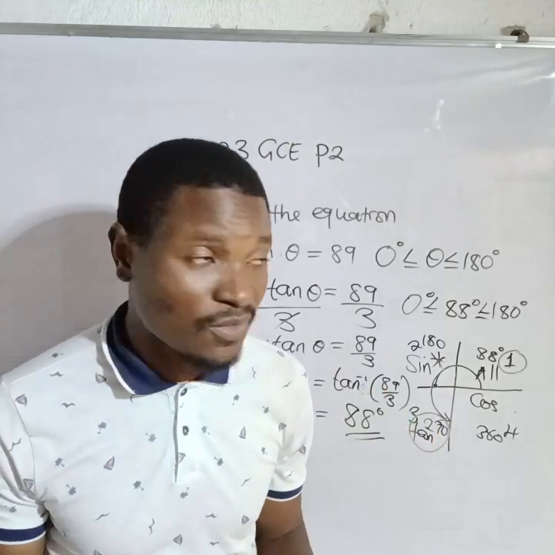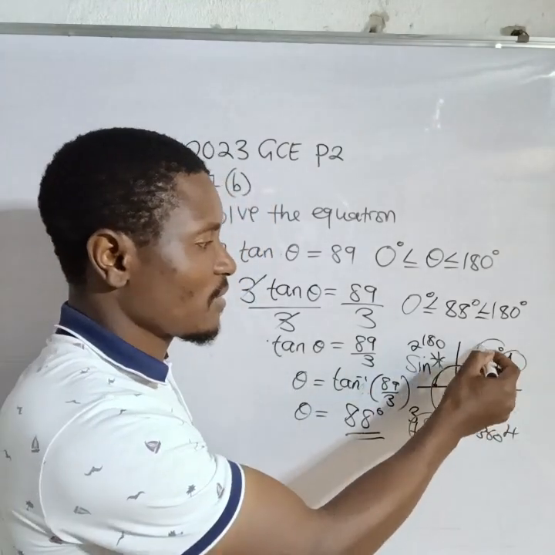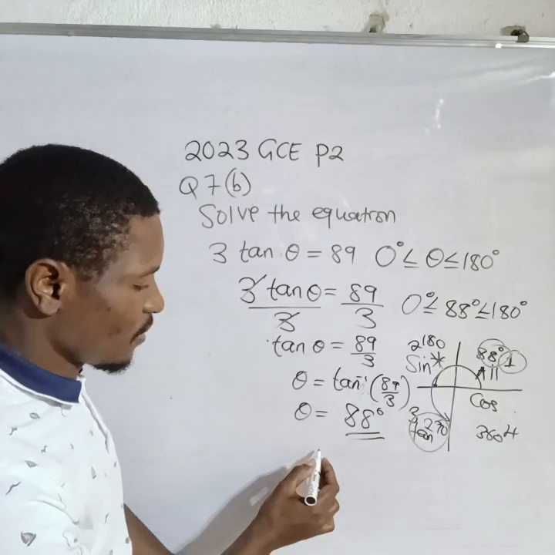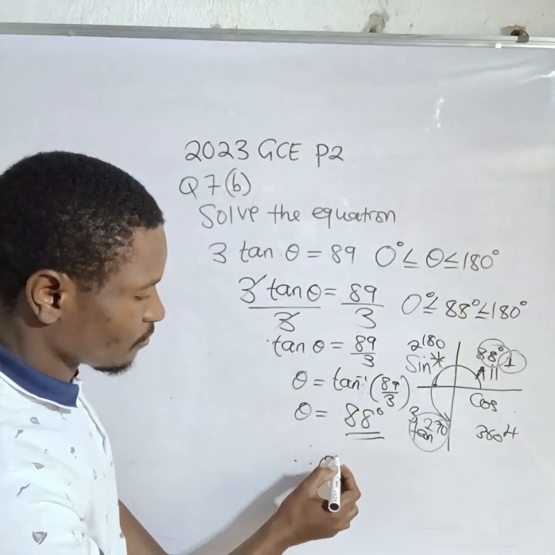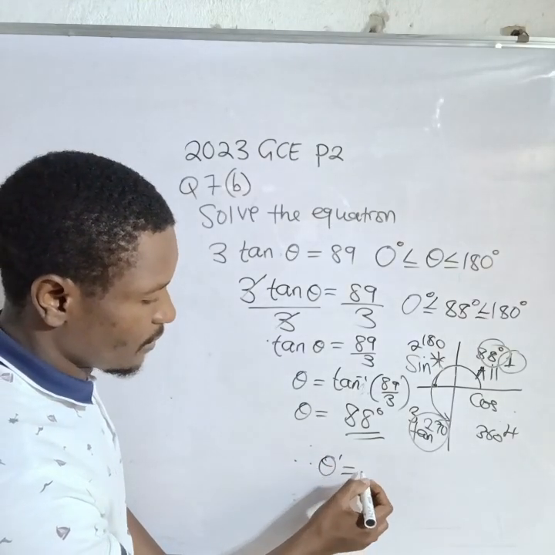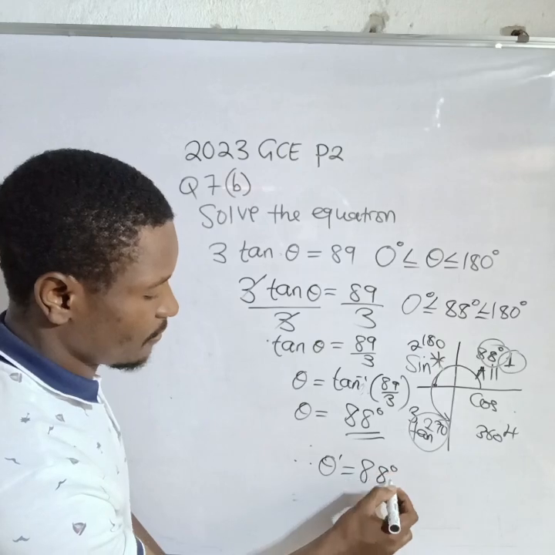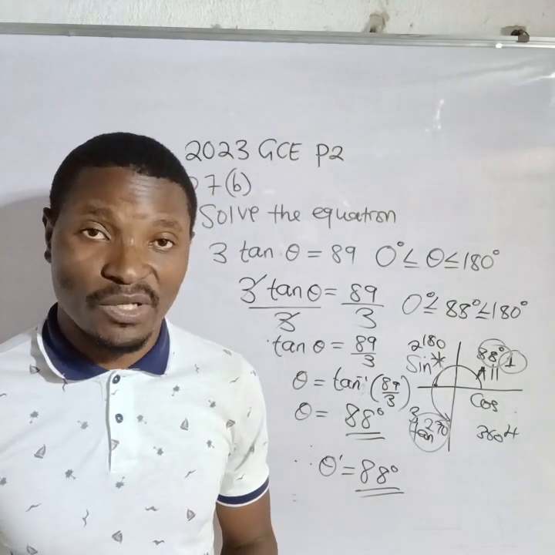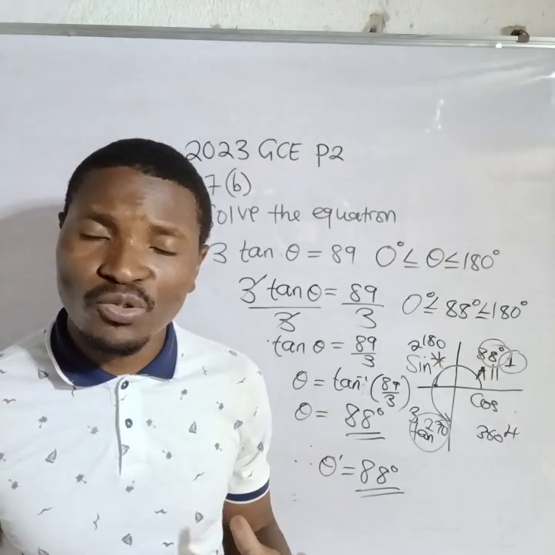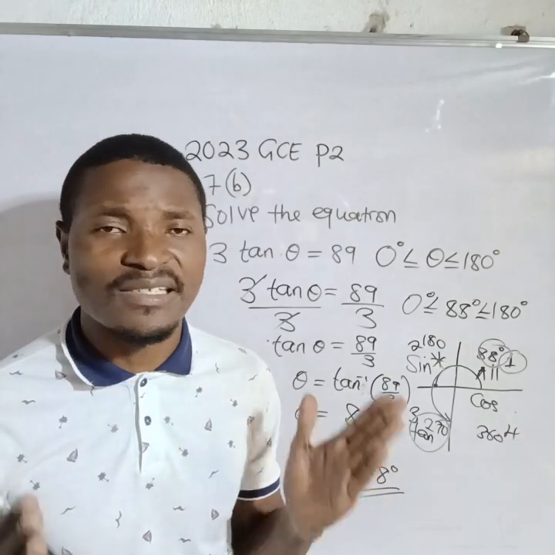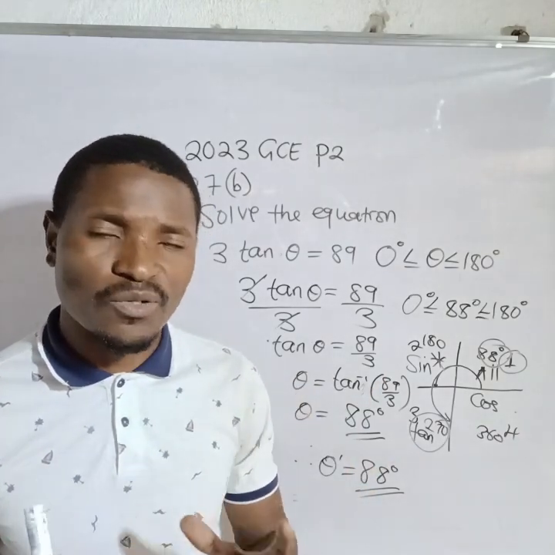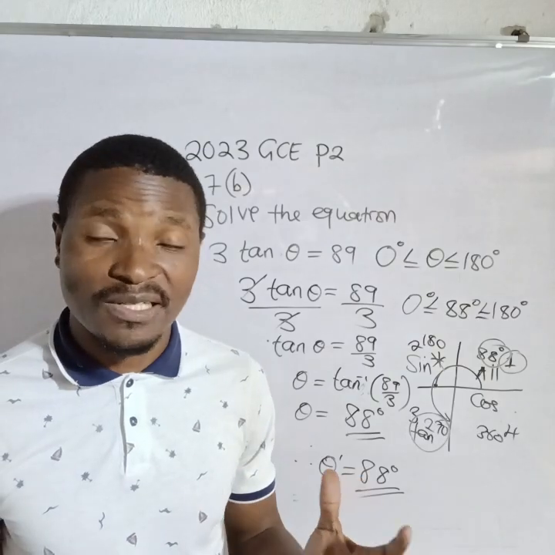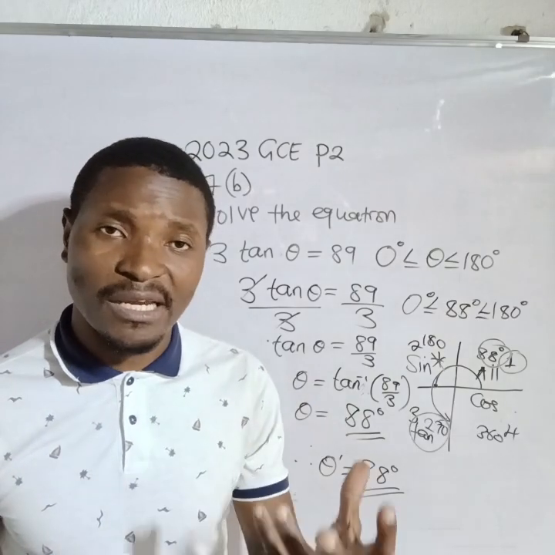So then what you're supposed to do is only this is possible. So therefore we are just going to have this, and that is our answer for this question. So make sure that you do the testing, because this just carries 1 mark. You don't want to lose that 1 mark because it simply means that it is easier than you might think.